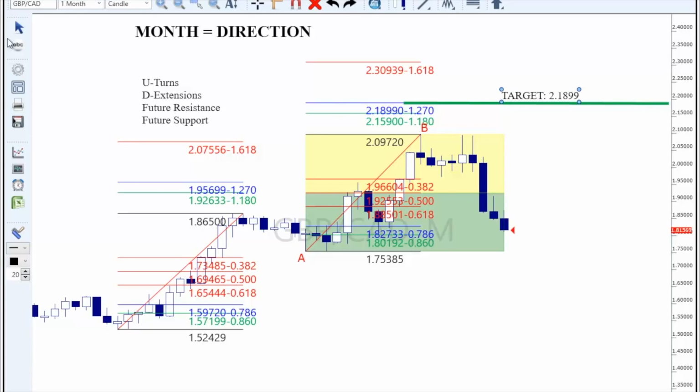The 382s, 50s, and 618 retracements all go to the 1.618, the 786 goes to the 1.27, and the 86 goes to 1.18. We've highlighted ours, so red goes to red, blue goes to blue, and green goes to green.